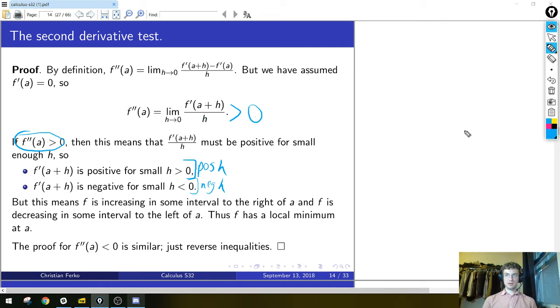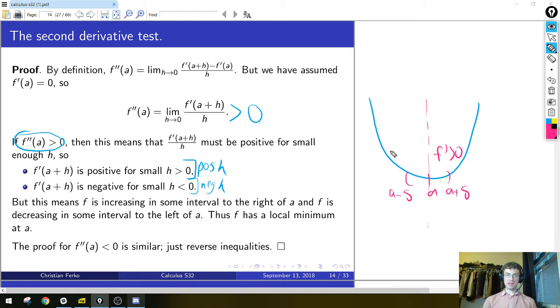Okay, but actually that's just what I sketched a moment ago. So the picture on the previous slide was we were trying to show that we could find some intervals a minus delta and a plus delta with the properties that f is increasing to the right of a. Increasing means f prime is positive over here.